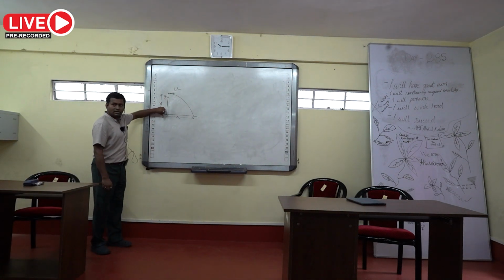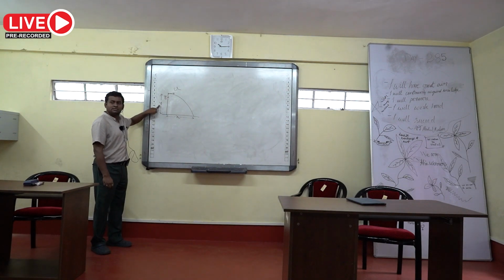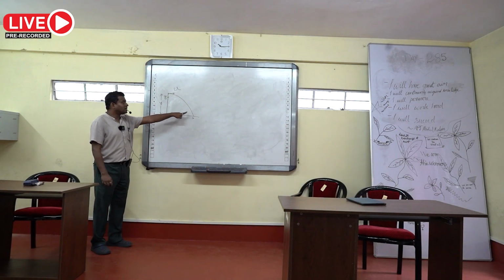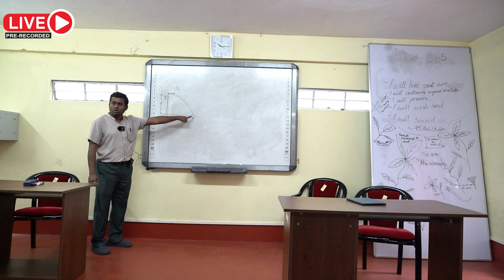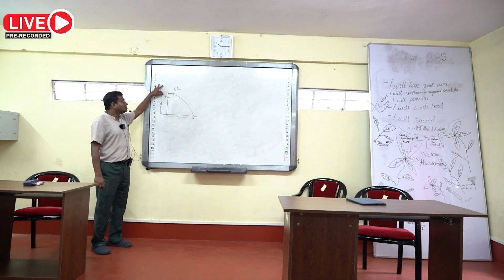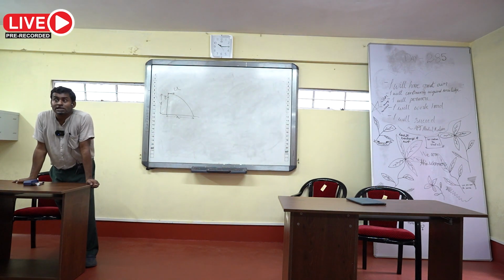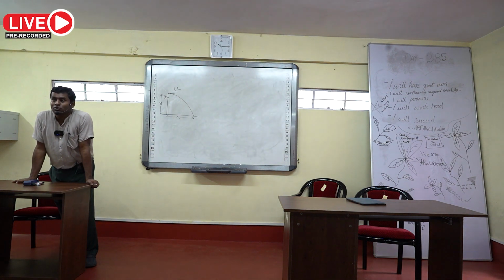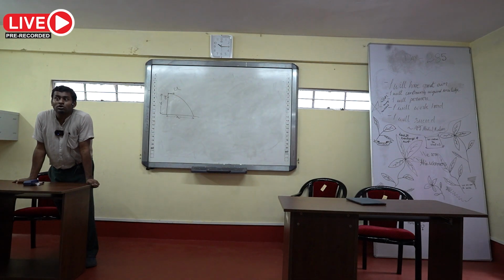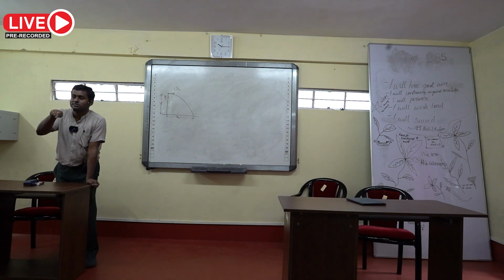Now see, in vertical direction the displacement is y when the particle will reach to the ground. Then in vertical direction, what is the velocity? Is there any velocity in vertical direction? No. U is thrown horizontally. So what is vertically downward velocity? 0.